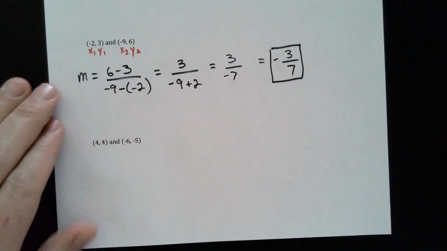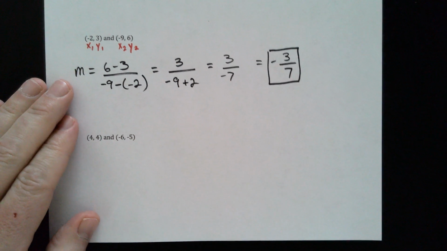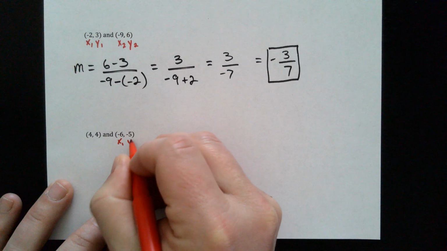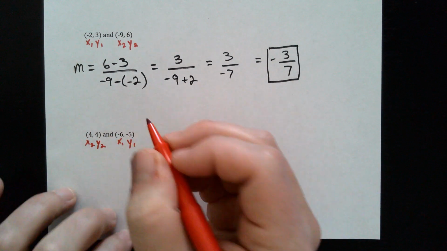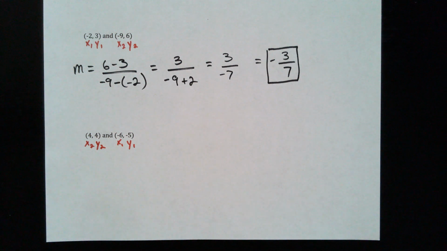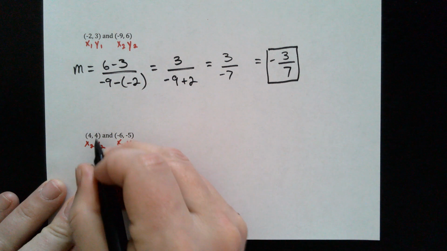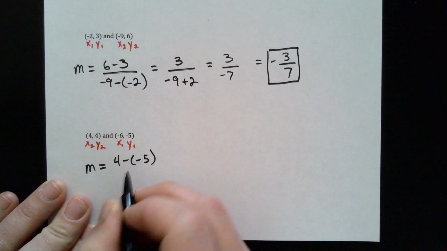Okay, one last one. Let's label them again. And let's go ahead and label them differently just to show that it can work that way. So this time I'll label this one x1 and y1, and I'll label this one x2 and y2, just to show that we can. Okay, so the formula says y2 minus y1. So y2 we have here is a 4, minus y1 is a negative 5.